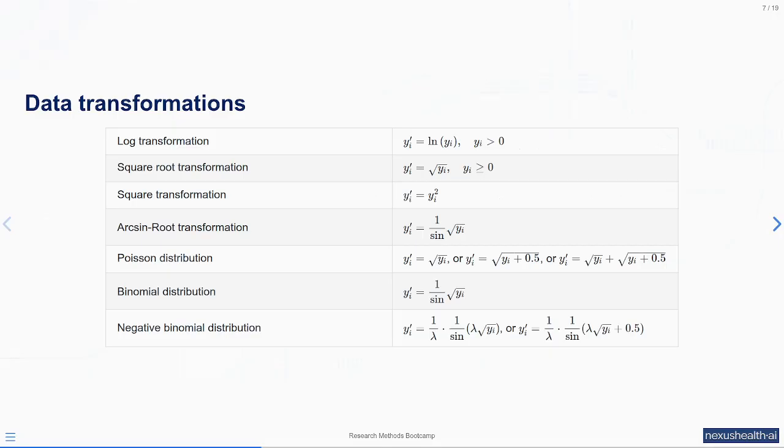And if you also look at this, you discover that the data transformation for the Poisson distribution is similar to that for the square root transformation, which tells us that some of these things have commonalities and overlapping boundaries. And then negative binomial distribution.